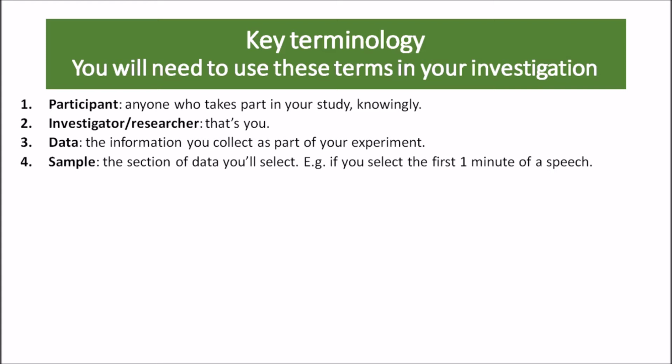So for example, if you select just the first minute of an Obama speech, then that's your sample. If you choose to focus on your mum and dad, then they're your sample. Your source is wherever your data comes from. So whether you've gone out and found it yourself, just something that already exists, or whether you've created it, it's just however you've sourced it, where you've got it from.